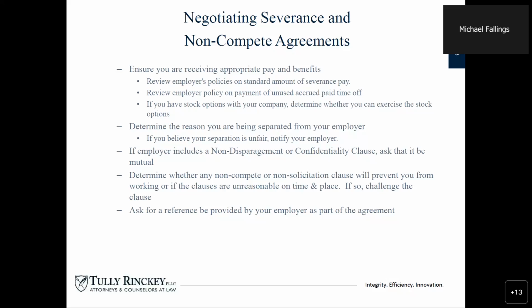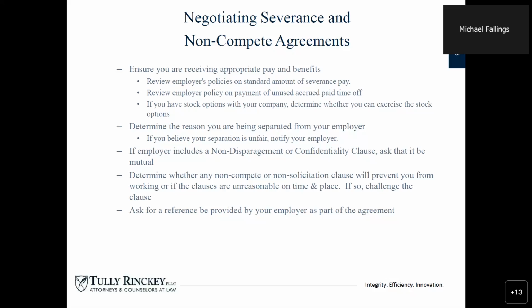Most employers, in my experience, will at least agree to a neutral reference for most employees, where the employee's job titles, length of work, and last performance are provided. However, some employers may even agree to a more positive reference, that the employee performed exceptionally during their time here. But it doesn't hurt to ask that a reference be included, so long as you want it.